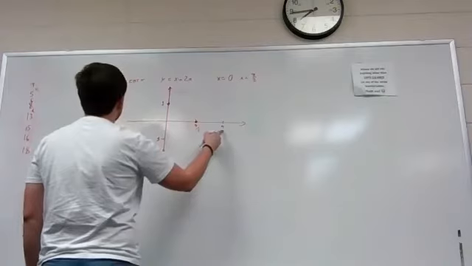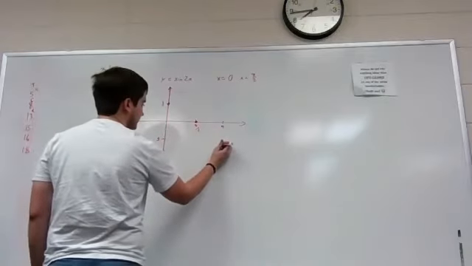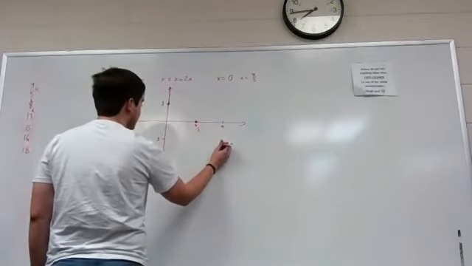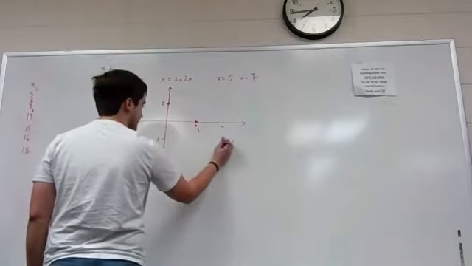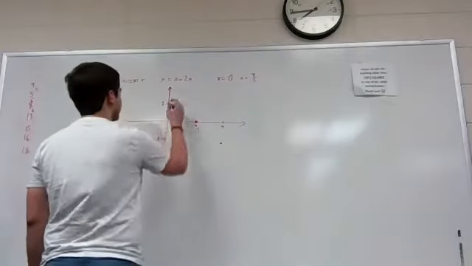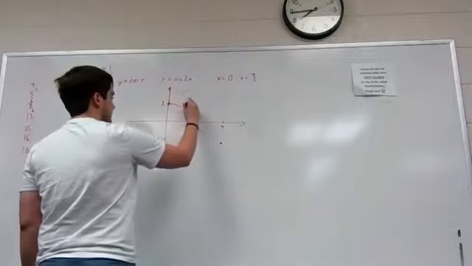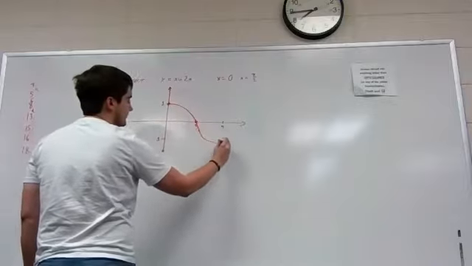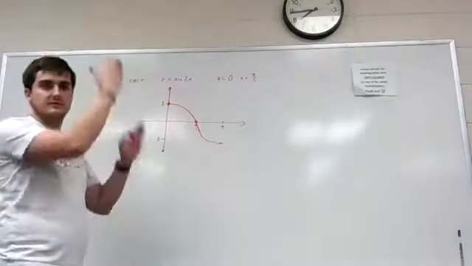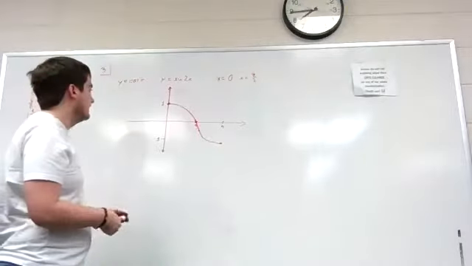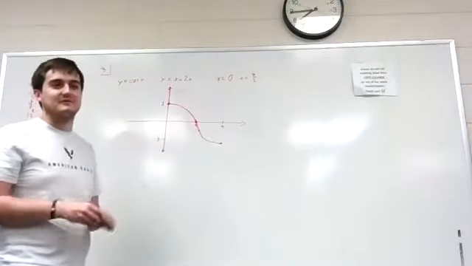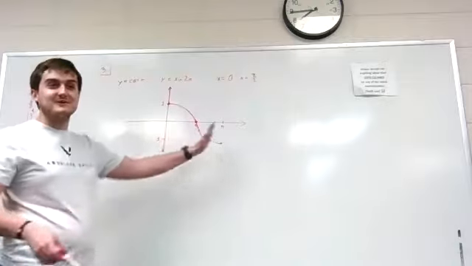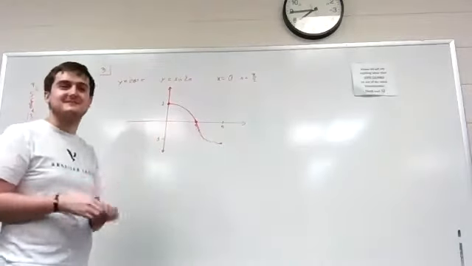And then at pi, it would be minus 1. I want to get a general graph on there just to be able to close it off easier. I know it only goes to pi over 2, but we should know how to graph cosine completely. It's a good reminder.